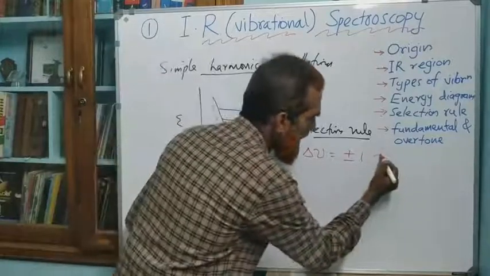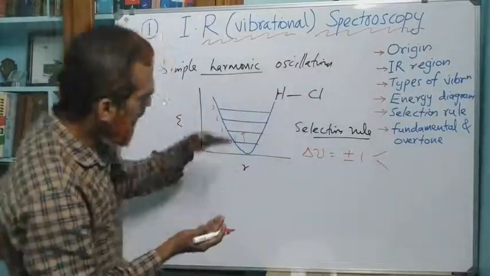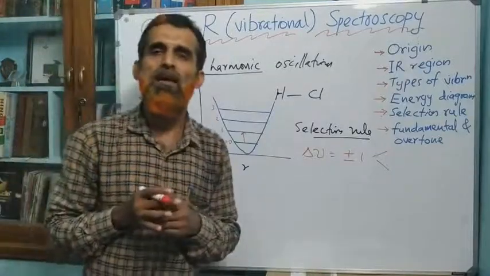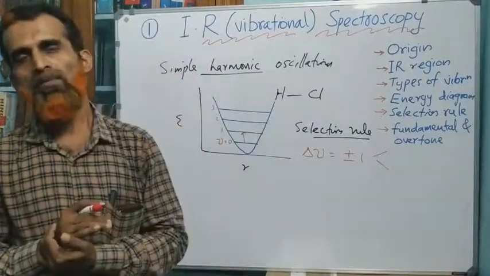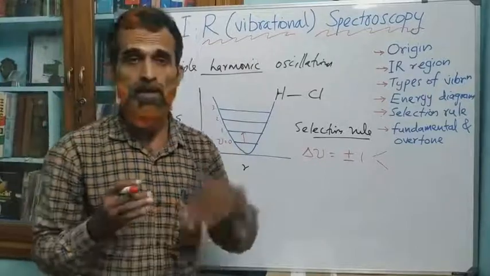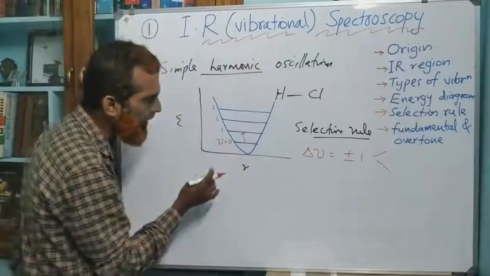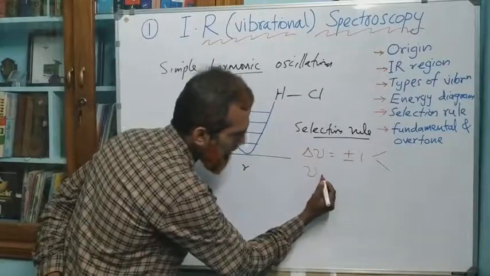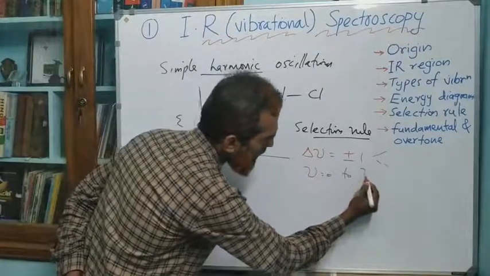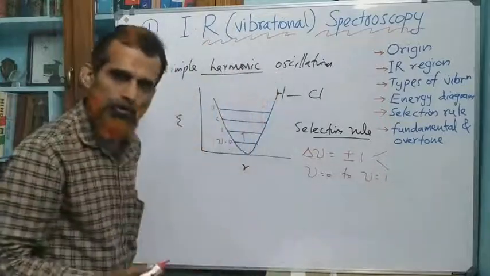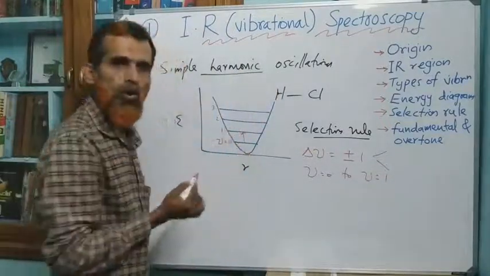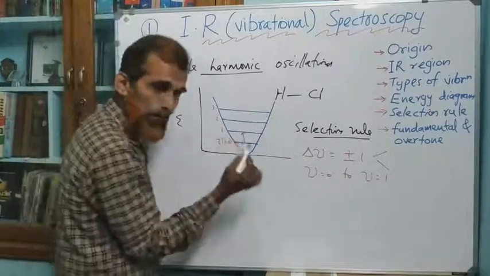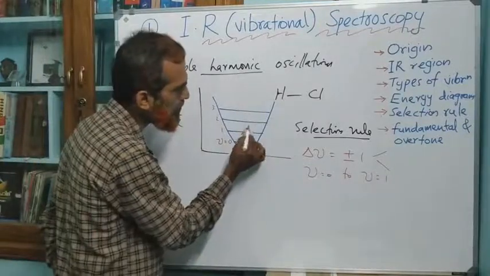Plus indicates absorption, minus indicates emission. Generally, in molecular spectroscopy, we are concerned with absorption. So an allowed transition is from nu equals 0 to nu equals 1. The molecule can go from 0 to 1 only, not to 2. That is restricted. If the molecule is in 1, it can go to 2.